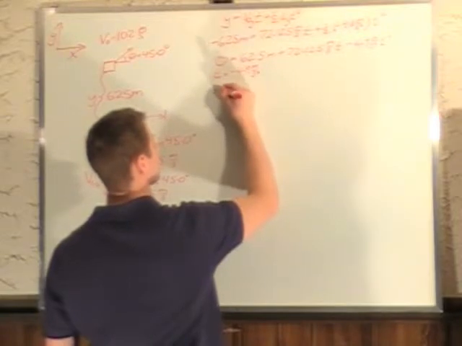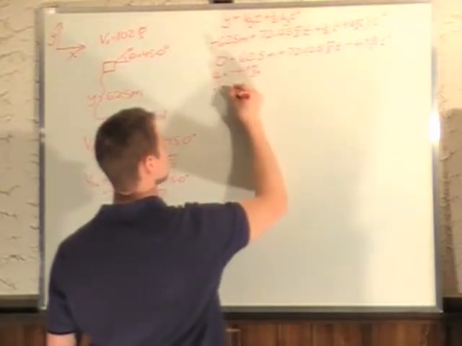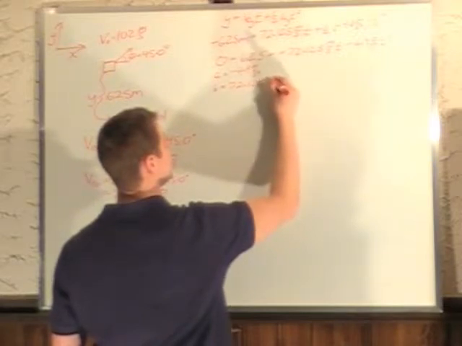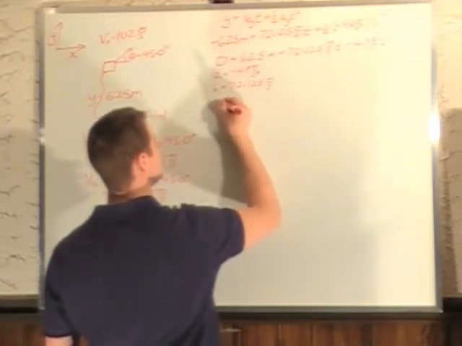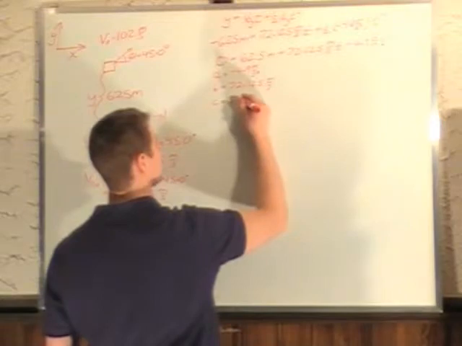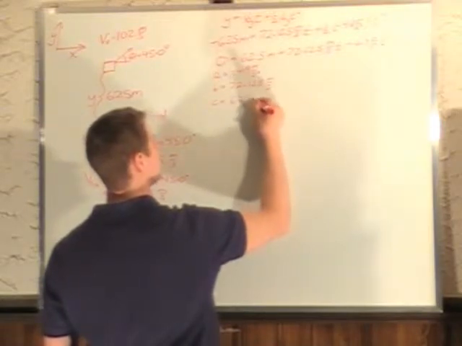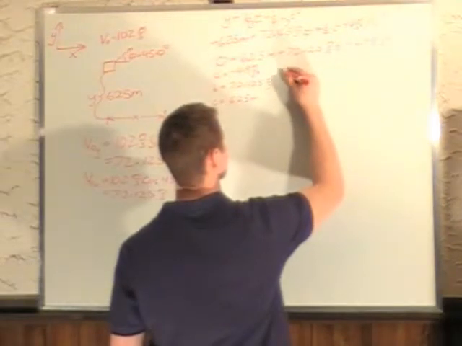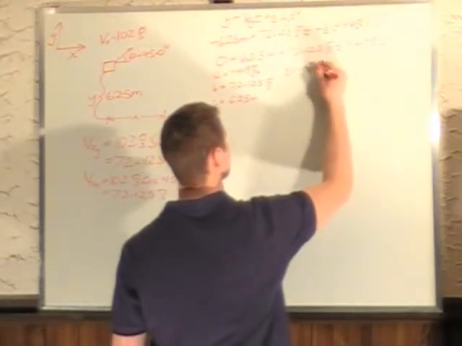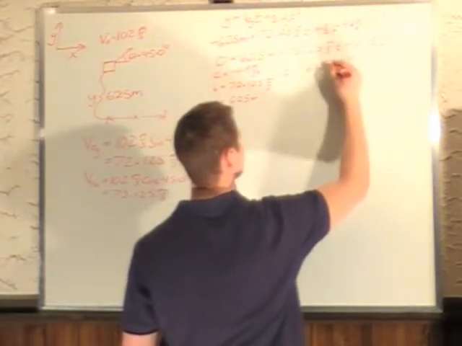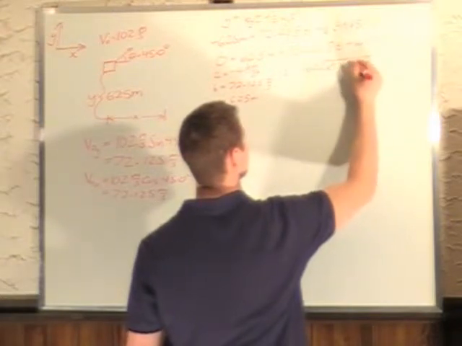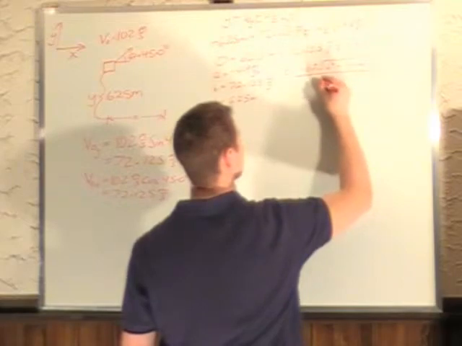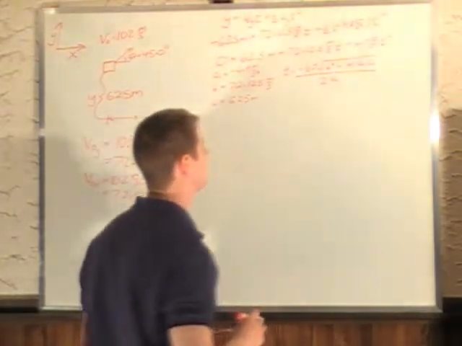B is always multiplied just by a variable, so 72.125 meters per second. C is your constant, 625 meters. Okay, so now we write down our quadratic equation. T equals negative b plus or minus the square root of b squared minus 4ac, all divided by 2 times a.